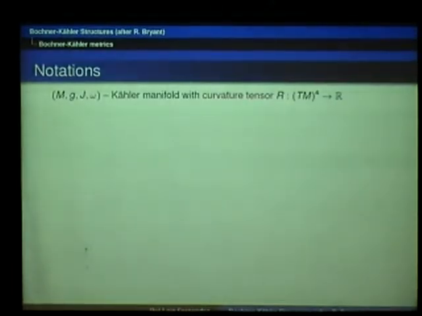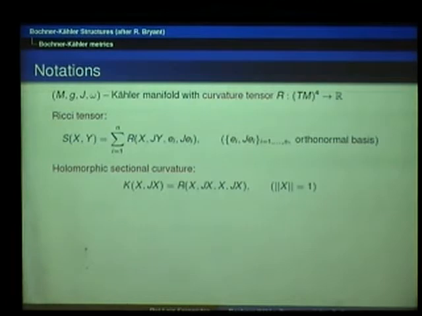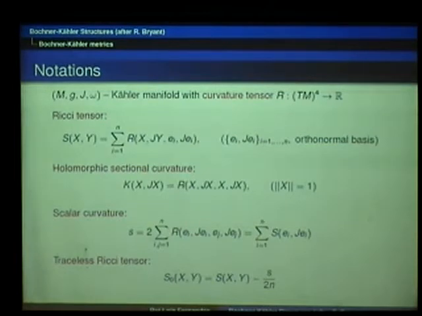All right, so I start with a Kähler manifold. In my notation, I have a metric g, a complex structure J, a symplectic form omega, and the curvature tensor R. And we form the usual quantities by taking traces. So we have the Ricci tensor, the holomorphic sectional curvature, the scalar curvature, and the traceless Ricci tensor.